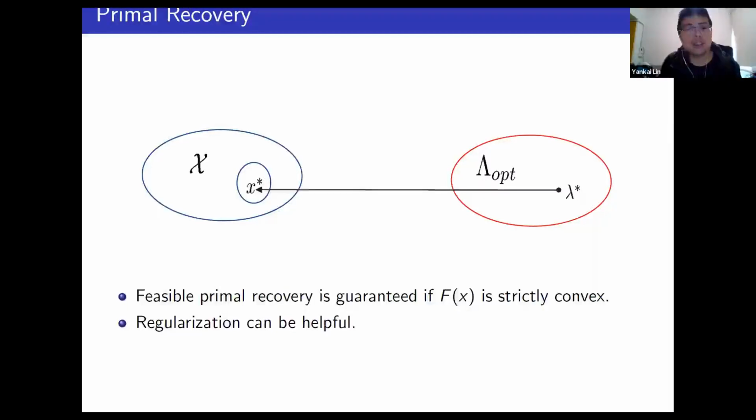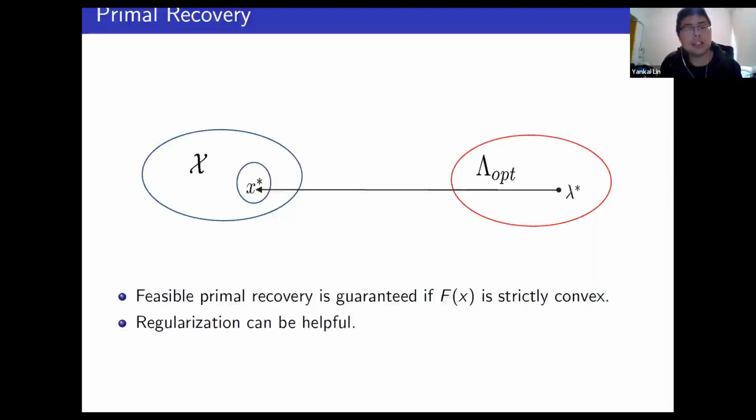Suppose you have already solved the problem and you get a solution called lambda star, which is one solution of the dual problem. If you're just interested in the optimal value of f of x, then that's job done: you just take the maximum value of q, and that will give you exactly the thing you need.